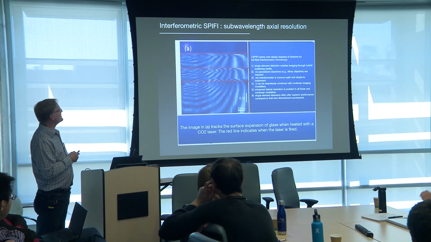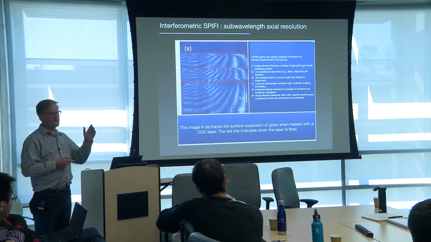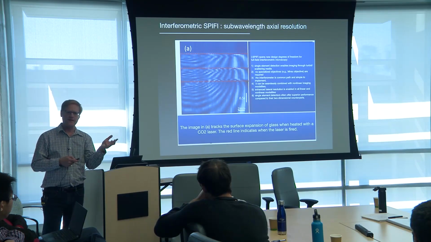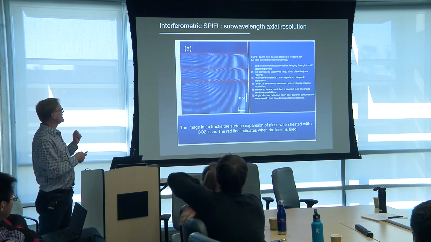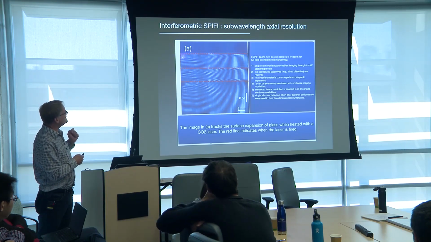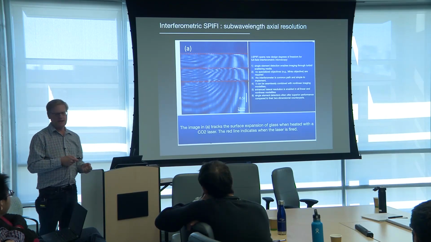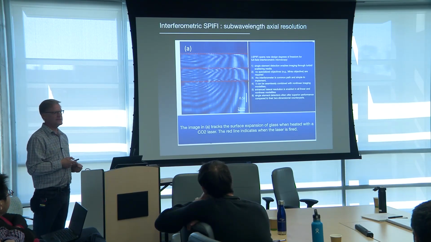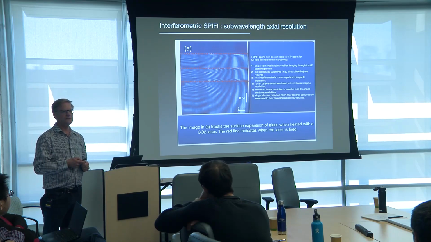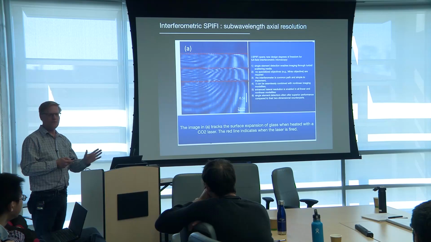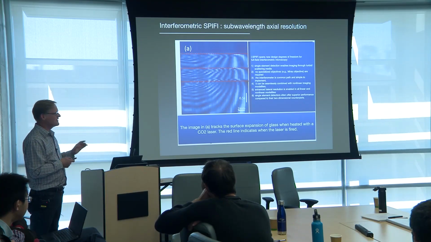Before I fire the CO2 laser, I just see the laser line. It's basically a square intensity profile, super Gaussian, and I divide that out, so you don't see anything. Now I fire the laser, and you can actually see the interference tracks. From this peak to this peak is about 1 micron. So we're really able to see sub-micron axial resolution out of the system over really long working distances.